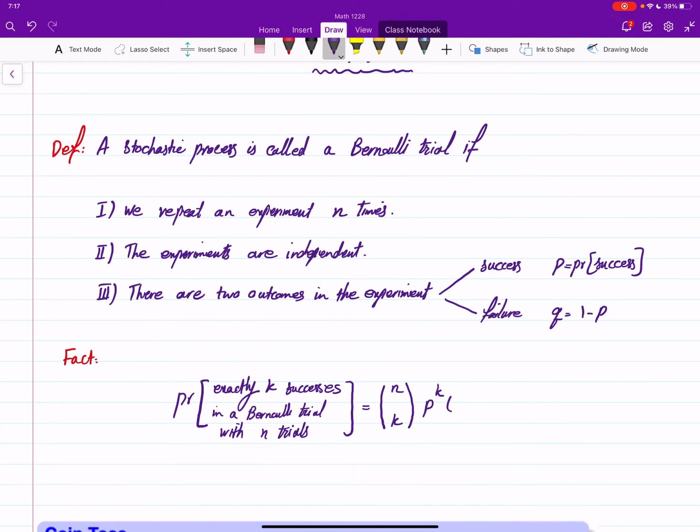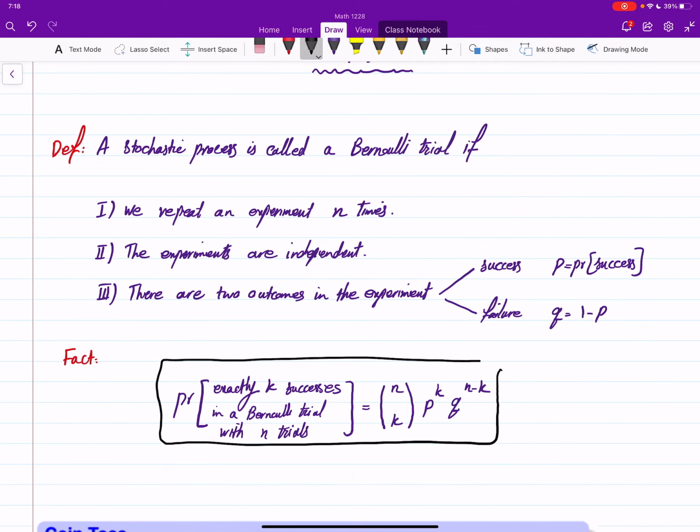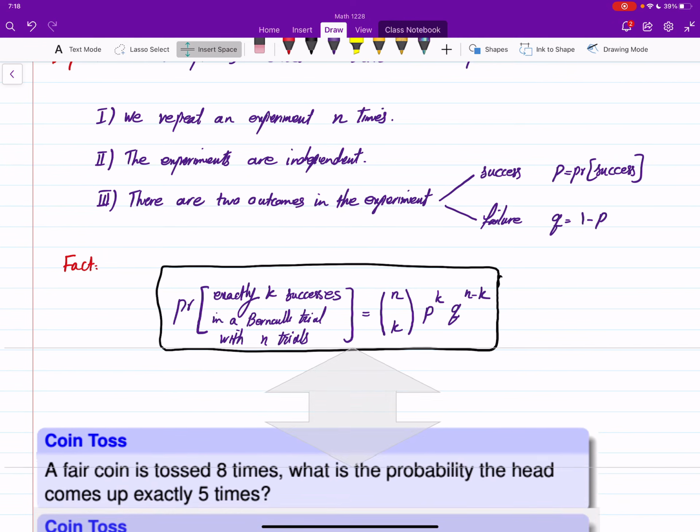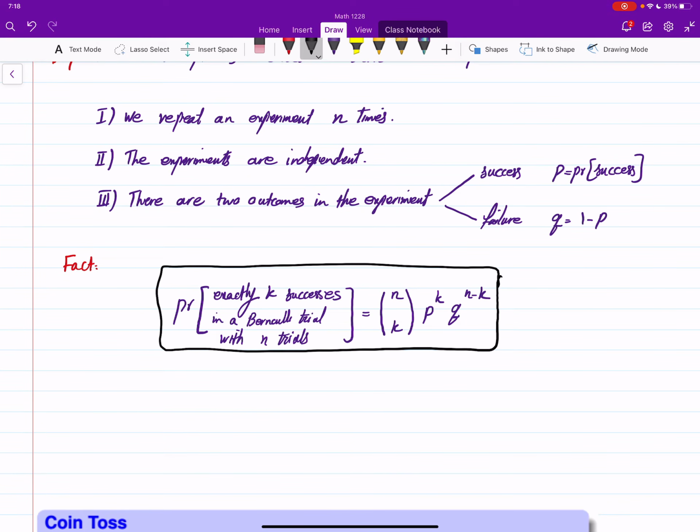The rest of the trials must give us failure, and there are n minus k of those, each giving us the probability Q. You multiply those, you get Q to the n minus k. So this is the formula that you need to know. You don't need to draw the trees as we did for the first example. You just need to know this one, and that will give you the probabilities.